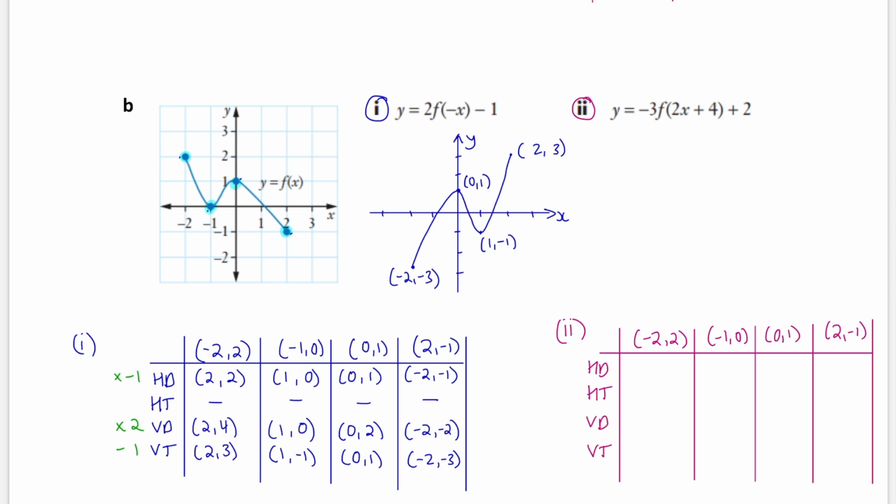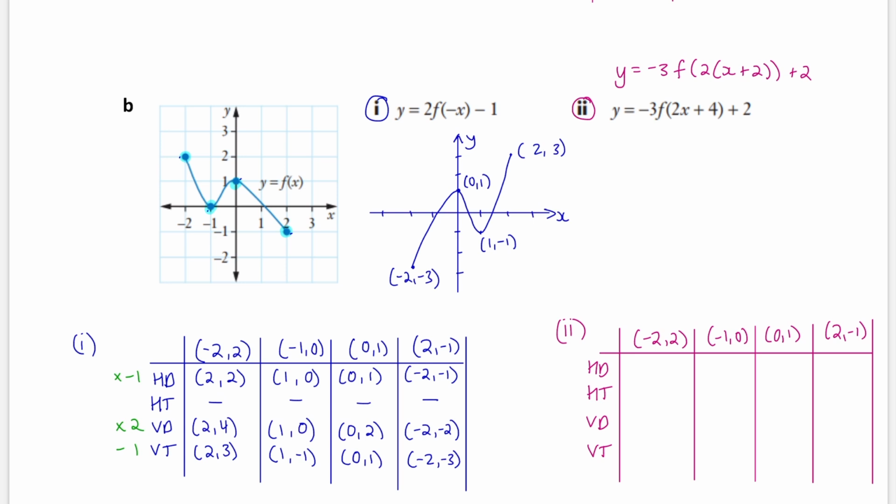Now remember here that when I have a coefficient of x as well as a horizontal transformation, rewrite the equation in factored form. The reason we want it in factored form is that it allows us to express it in turning point form, which allows us to more easily identify our transformations.